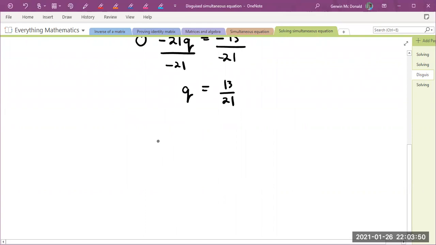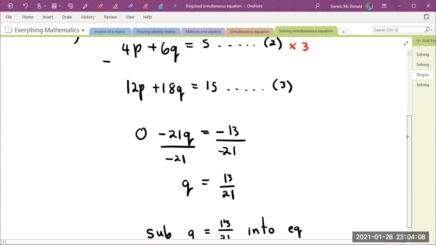And now we substitute Q equal to 13 over 21 into another equation. Into equation, let's see, which one will I choose? Which one would work out nice?